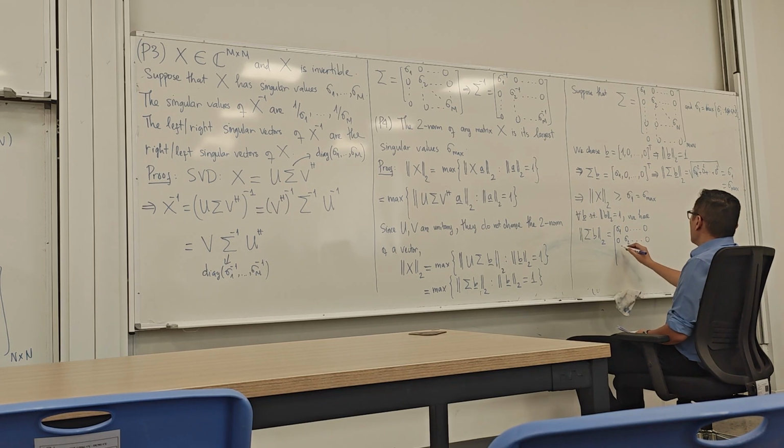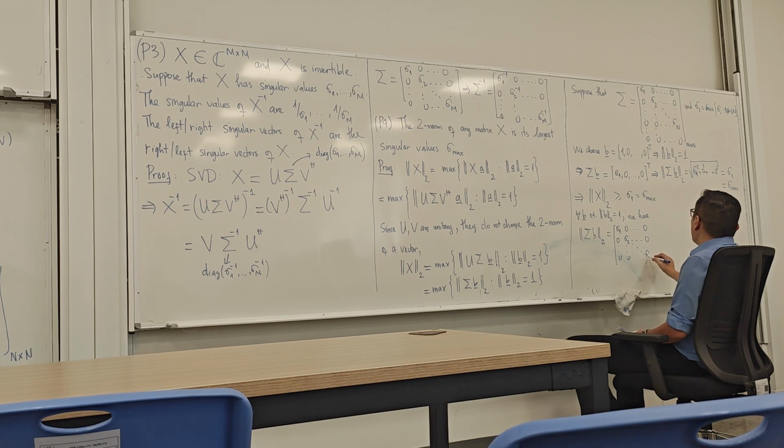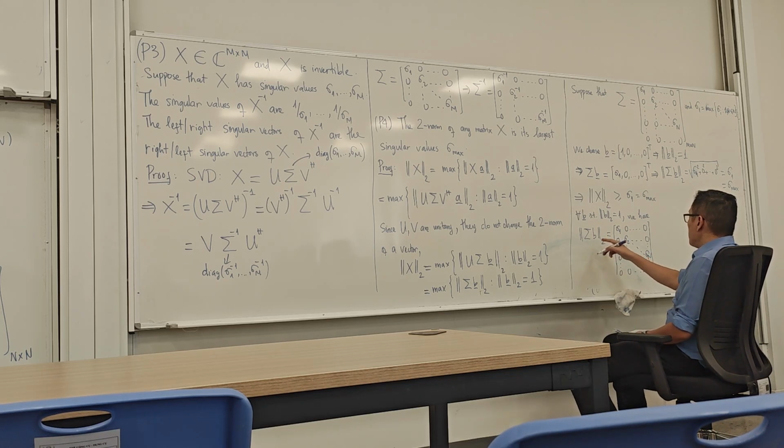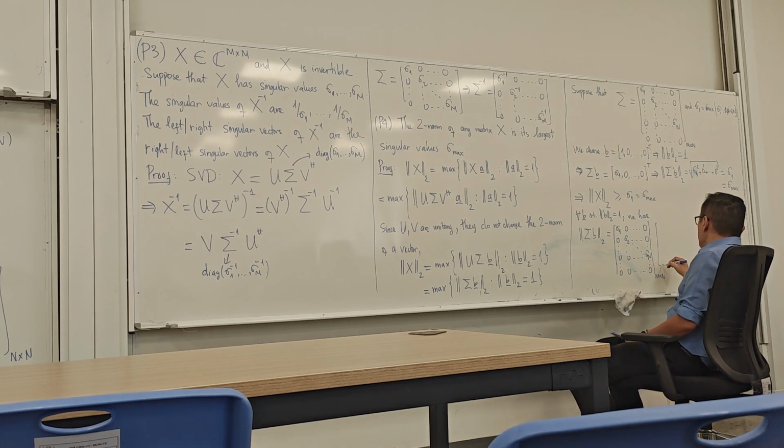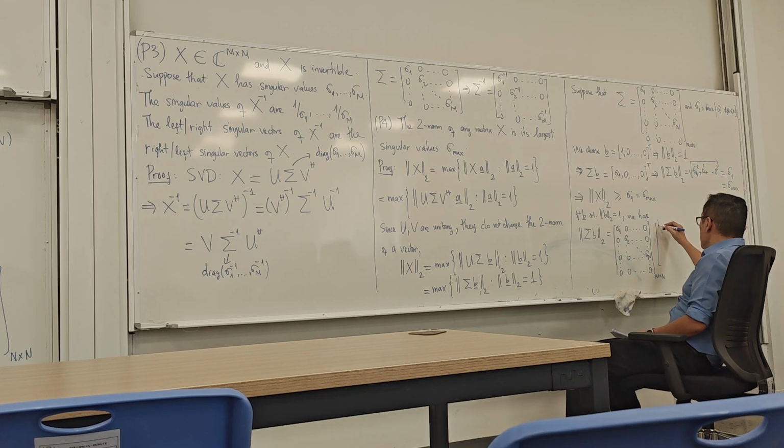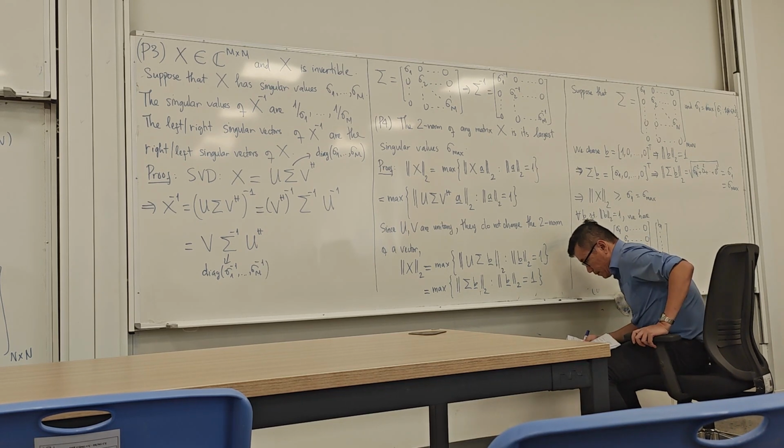Sigma 2, 0. Then we go to sigma n, and here 0, 0, and 0 here. This is n by n. I multiply with b. B is n by 1, so this is b1, and so on, bn. This is n by 1.